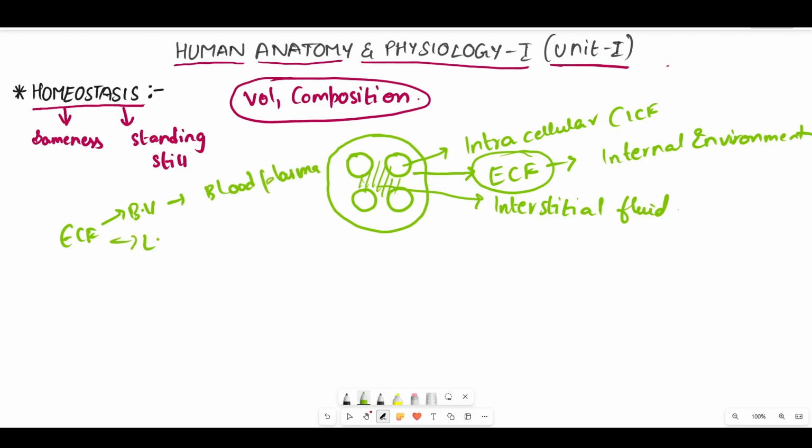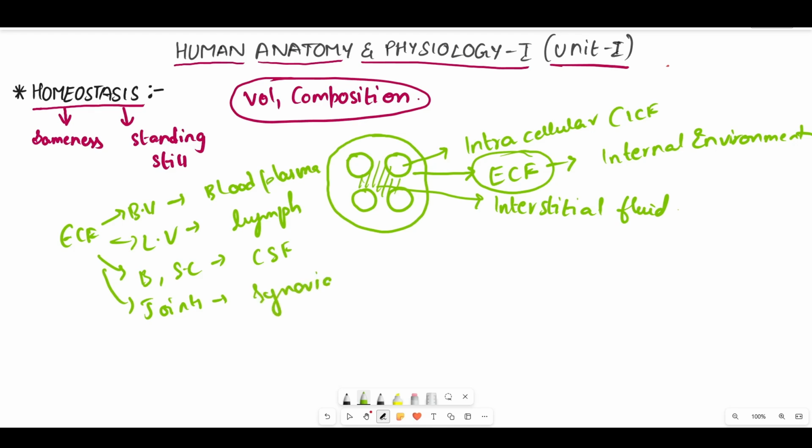Similarly, if it is present in the lymphatic vessels, we call it lymph. If it is present in the brain and spinal cord, we call it cerebrospinal fluid. If it is present in the joints, we call it synovial fluid. And if it is present in the eyes, we call it aqueous humor. So depending on its presence, the name changes.